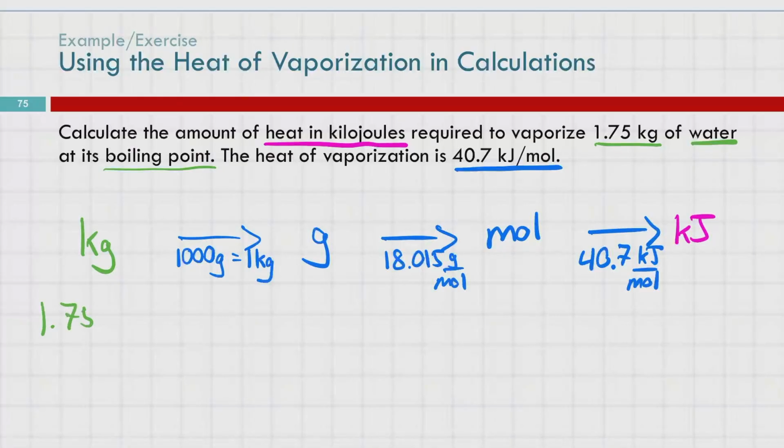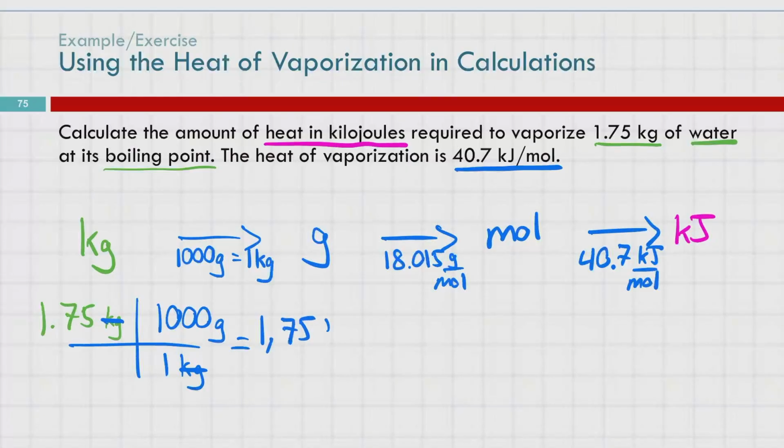So starting with 1.75 kilograms, we're going to multiply by 1,000 grams per kilogram. That cancels out the kilograms. We've got 1,750 grams. We can then divide by our molar mass, and we'll get a number.